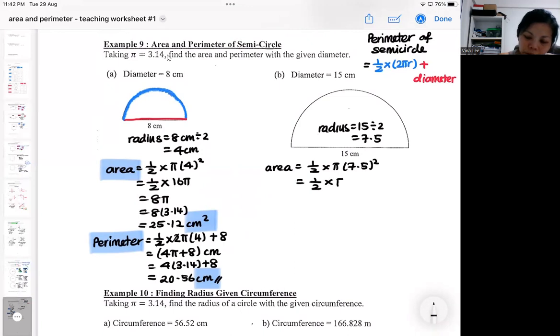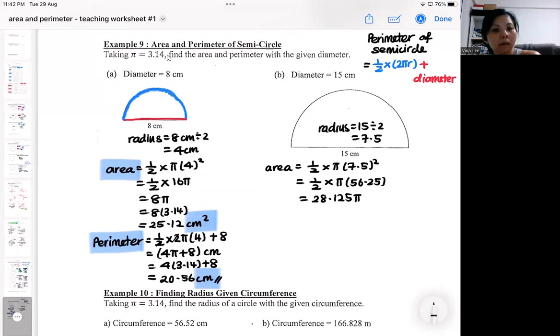So usually I press the 7.5 squared, then multiply by half, and I will get 28.125 pi.